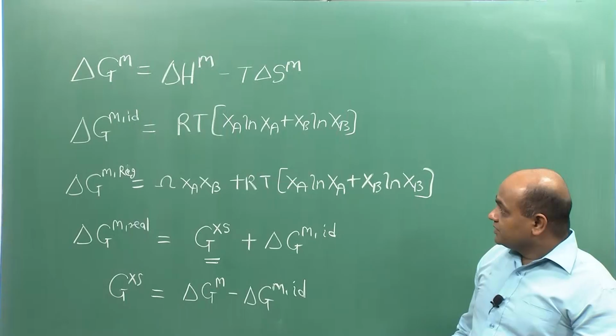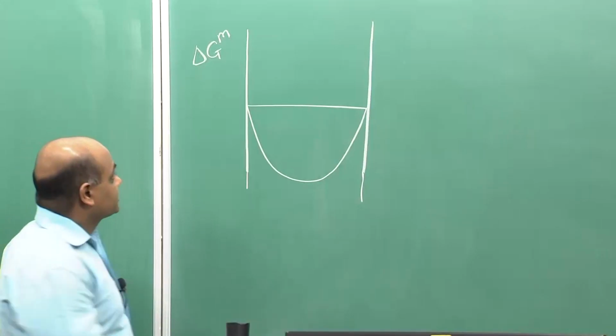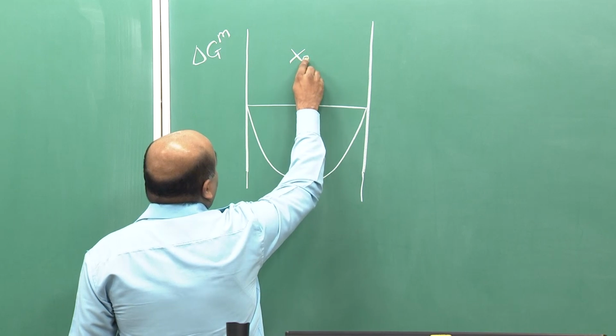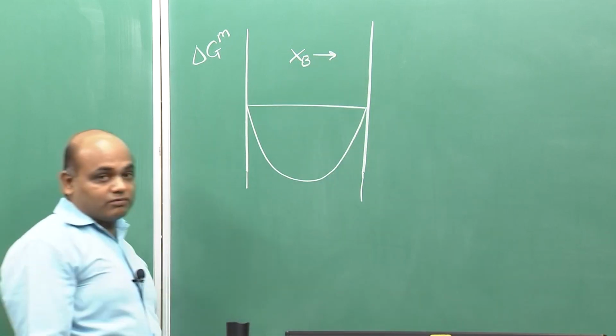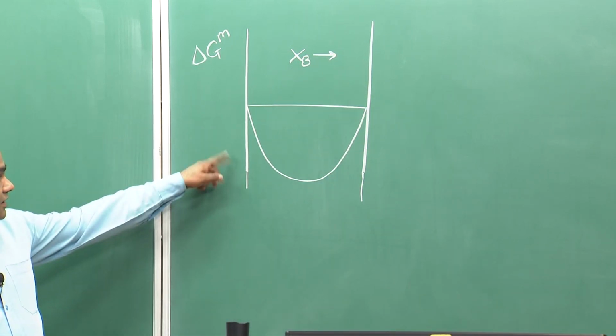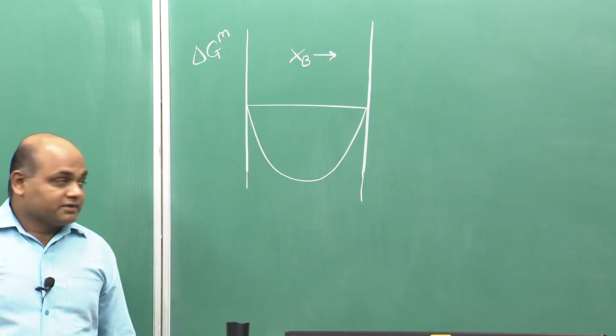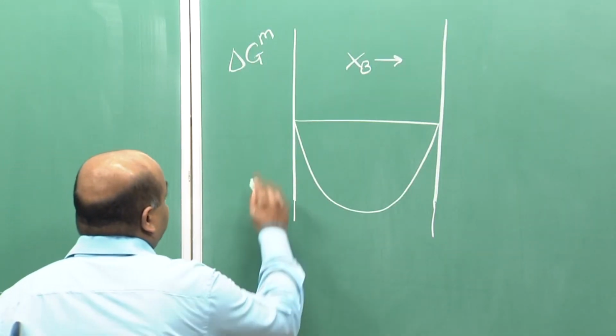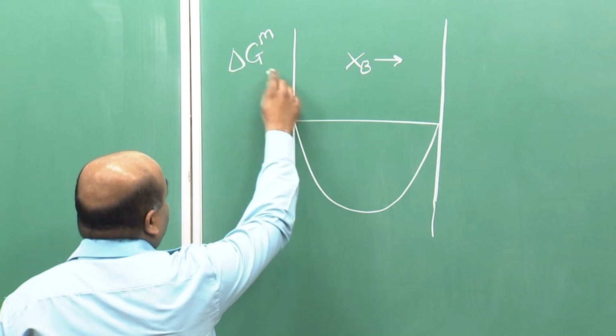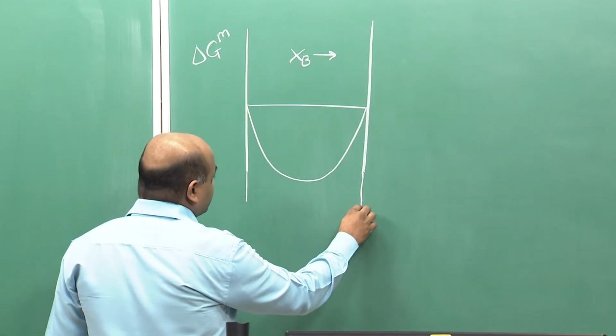And if we draw the curve of delta Gm versus composition expressed in terms of xb or mole fractions of B, it will take a shape something like this. So, we are drawing delta Gm versus xb.